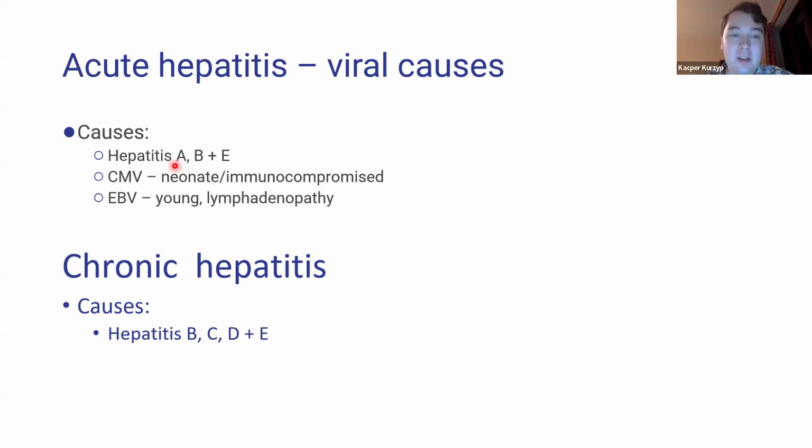It is primarily caused by hepatitis A and E. In adults, hepatitis B can cause it, which is why I would say hepatitis B could be the presentation in this man, but A and E would be the more likely cause of the presentation in our guy. It can also be caused by CMV and EBV.